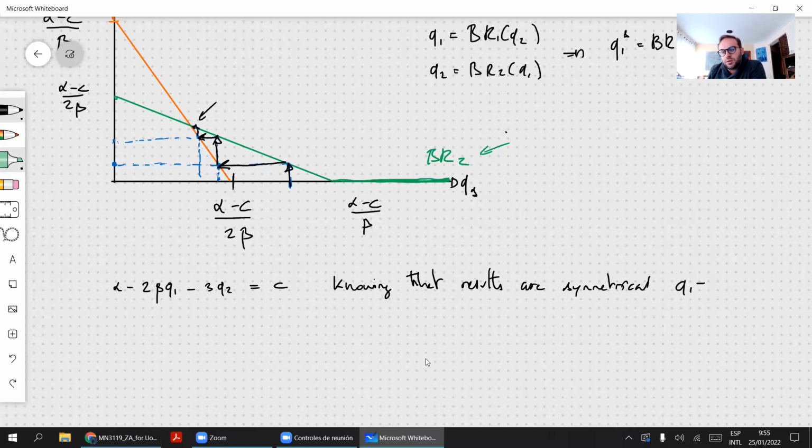Then you're going to get that Q1 is equal to Q2 because they're solving exactly the same thing. This is actually on the 45-degree line. We say that things are symmetrical.